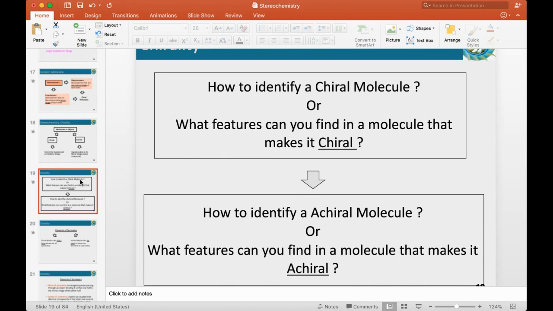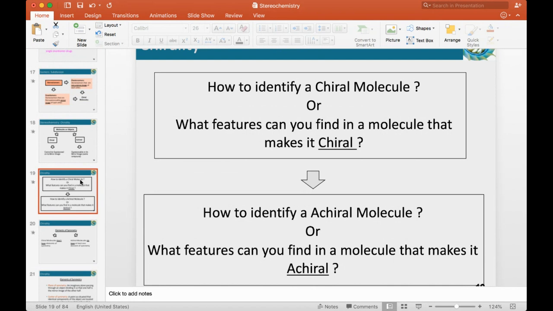So how to identify a chiral molecule, and what features can you find in a molecule that makes it chiral? That's the next question that you should be thinking about, okay? So chiral molecules are those that are non-superposable with their mirror image. Achiral molecules are the opposite. They superpose with their mirror image. So your question should be now, and this is something we discussed in the previous class, what features can you find in a molecule that will make that molecule chiral?